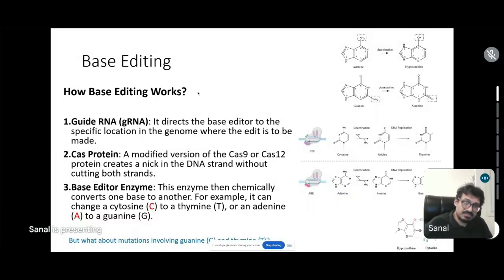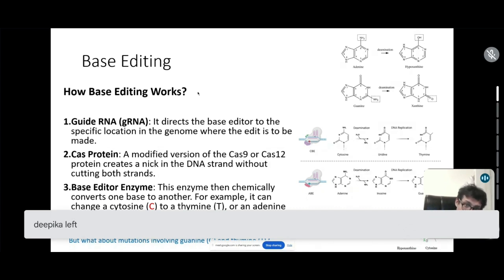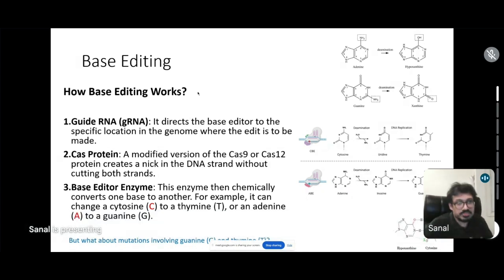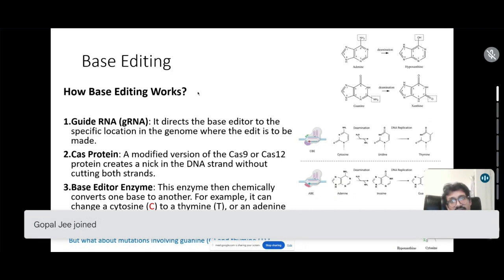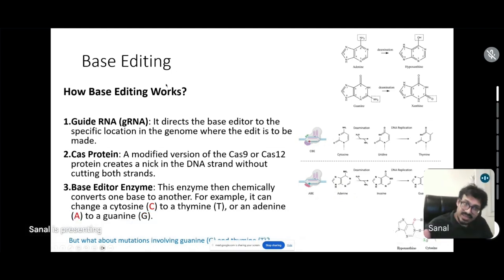So this Cas9 protein is guided by what? The gRNA, the guide RNA. So the guide RNA recognizes the DNA element which needs to be cut into pieces. That is how the classic CRISPR-Cas works.